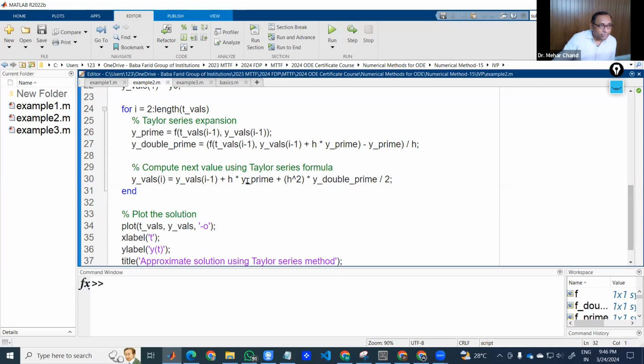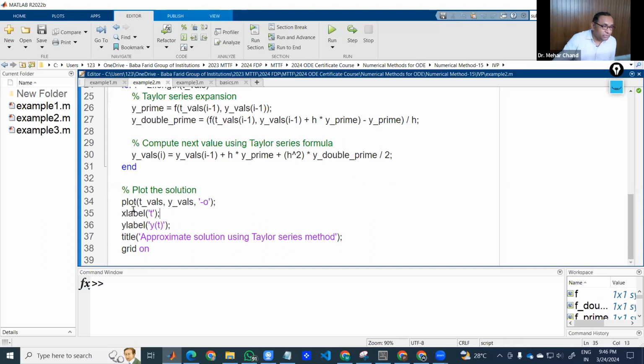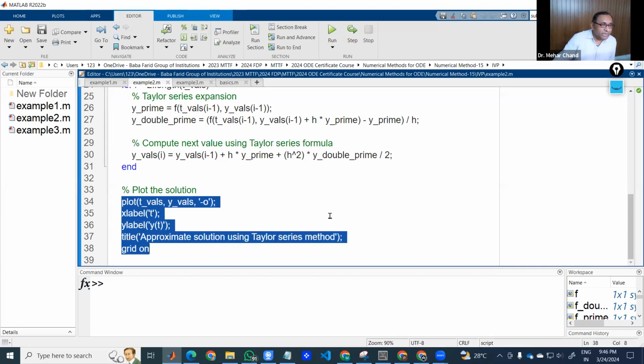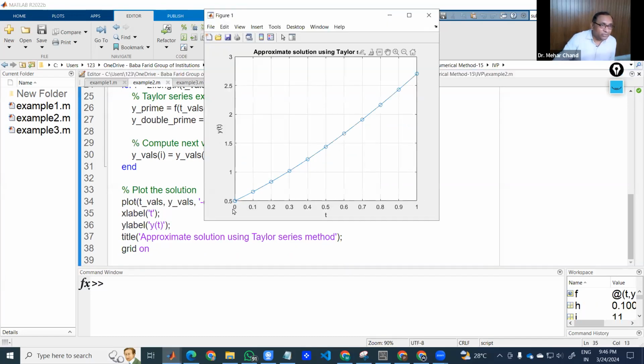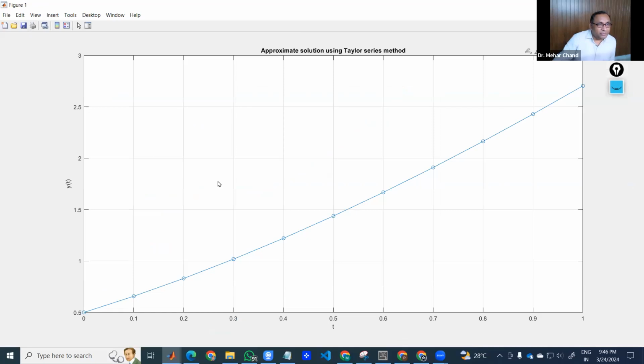So the values will be updated and stored at this place. And now we have the step to plot the graph. These are the same statements to plot the graph, and when you execute, you can see the visualization of the solution of the given initial value problem.